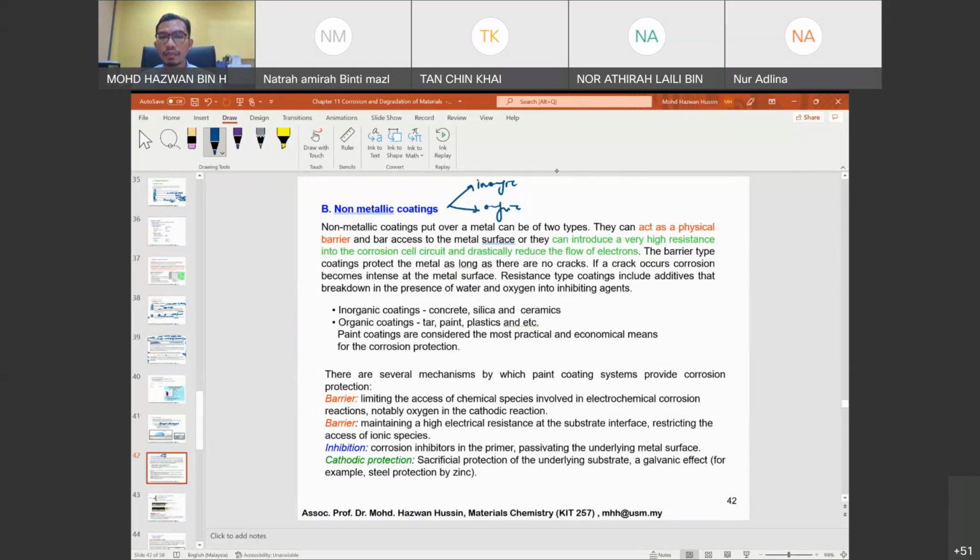The barrier type coating protects the metal as long as there are no cracks. If a crack occurs, corrosion becomes intense at the surface. Resistant type coatings include additives that break down in the presence of water and oxygen into an inhibiting agent. For inorganic coatings, mostly they don't use organic materials, for example, concrete, sand or silica, or ceramics, clay.